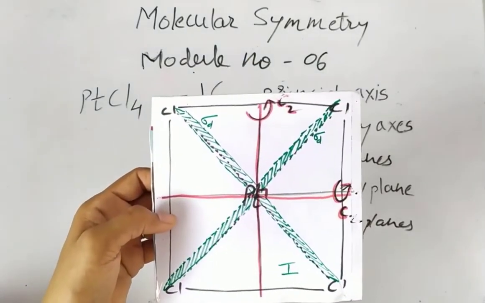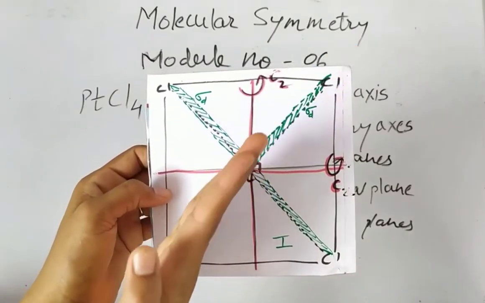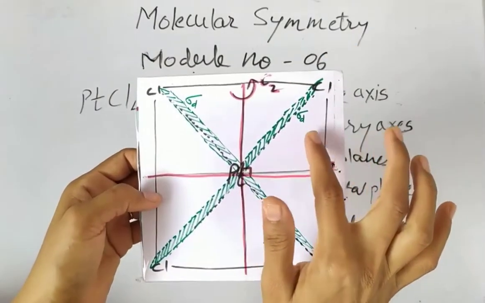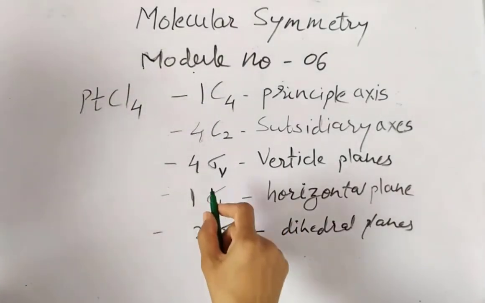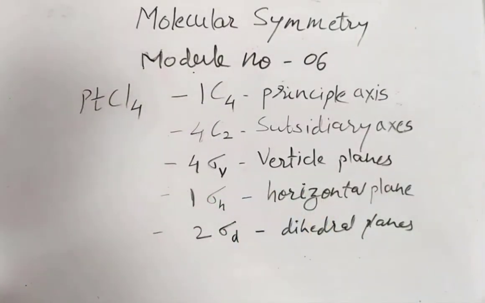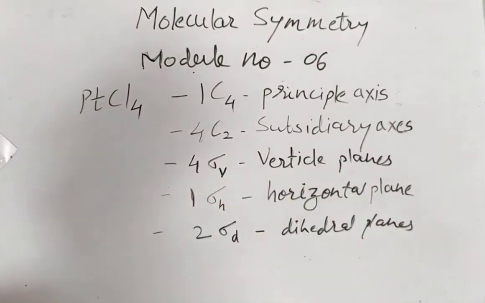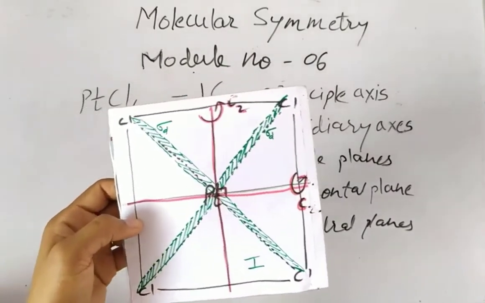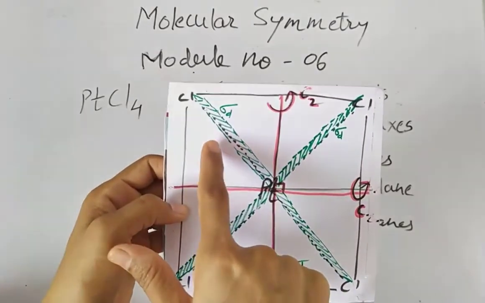Now you will see that I am saying this is a vertical plane as well as this is what? Sigma D. So out of the total 4 sigma V's that we have seen before, any 2 vertical planes now will be called dihedral planes. Why?